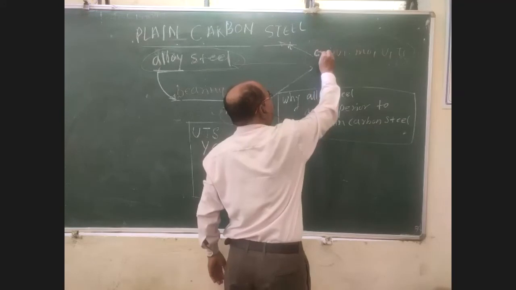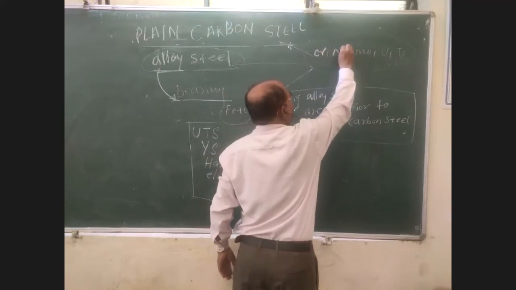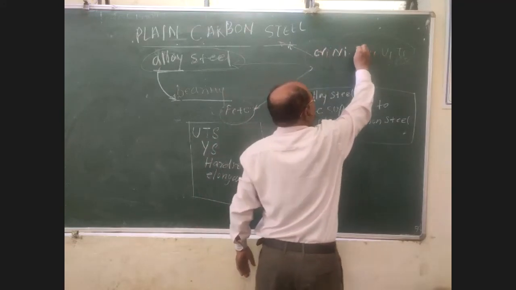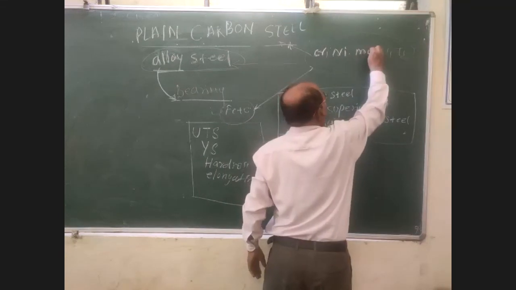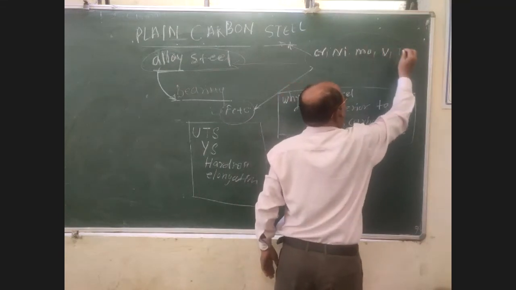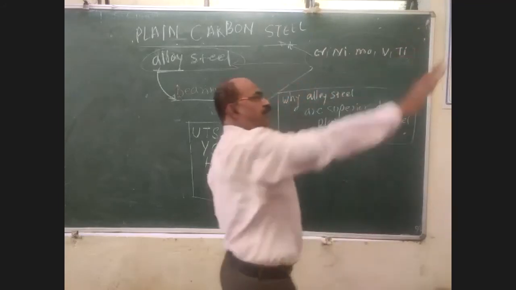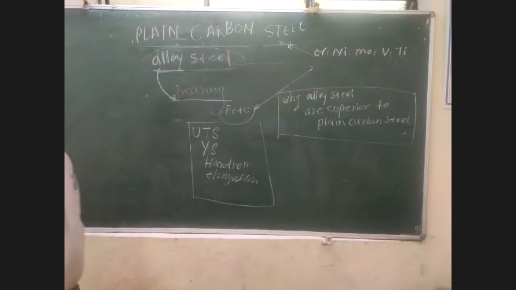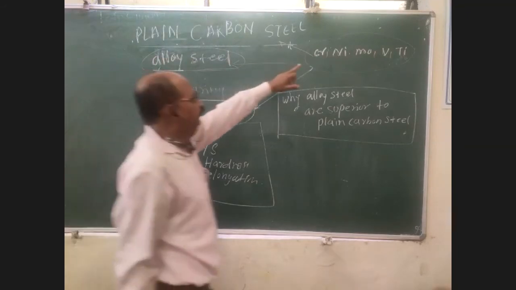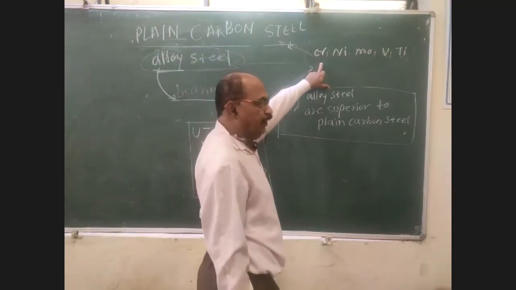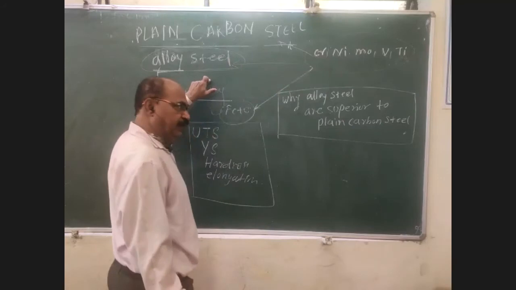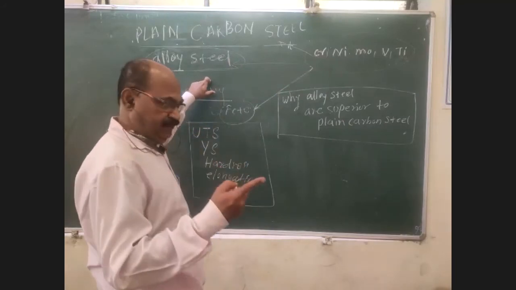Chromium, then nickel, molybdenum, vanadium, titanium, like this. So many alloying elements are there. Now, if we add these alloying elements in steel, then it will become alloy steel.